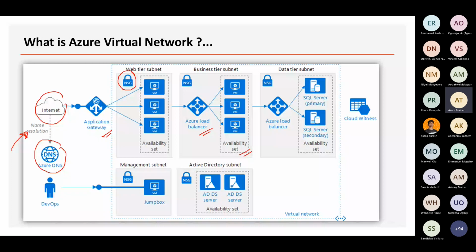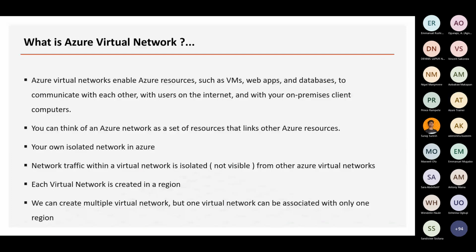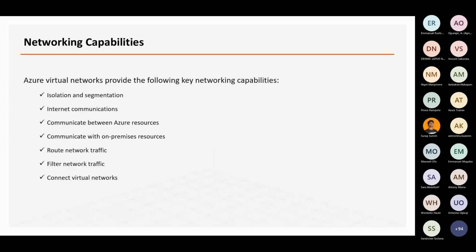Now, if you go back to the situation here, let's try to understand what capabilities you are trying to get from an Azure network. If you are using Azure networking, how does it benefit us in a real-time scenario? If you take the network capabilities here, they are generally used to get isolation and segmentation.